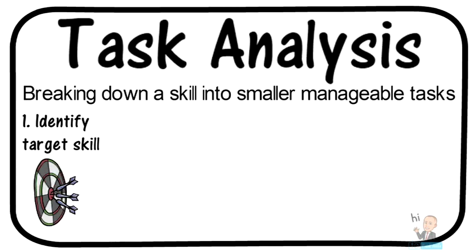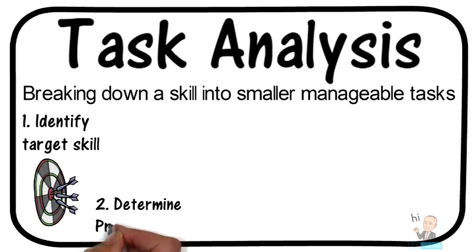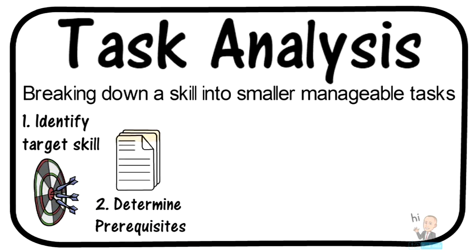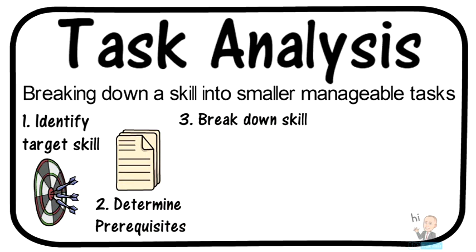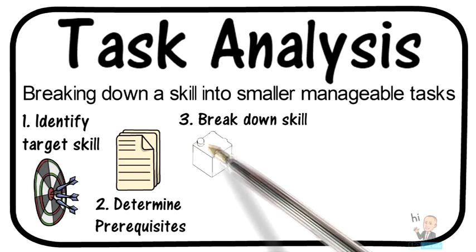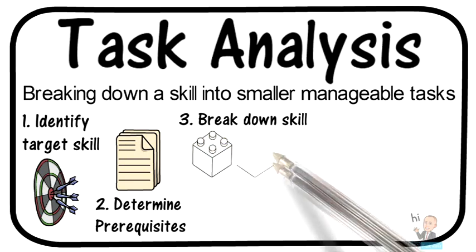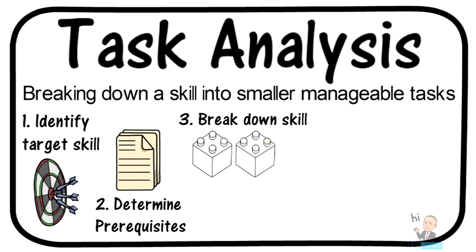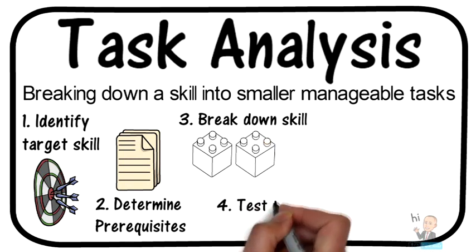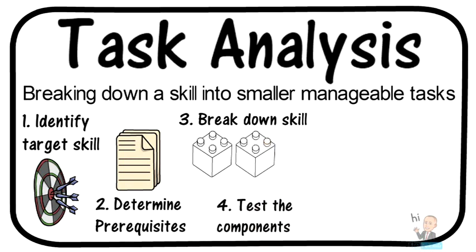The moment you identify the target, number 2, determine the prerequisite for the skill. The moment you understand what the basic things are, you break down the skill into subparts. So every single small component which leads to the task is identified, and then test the components.